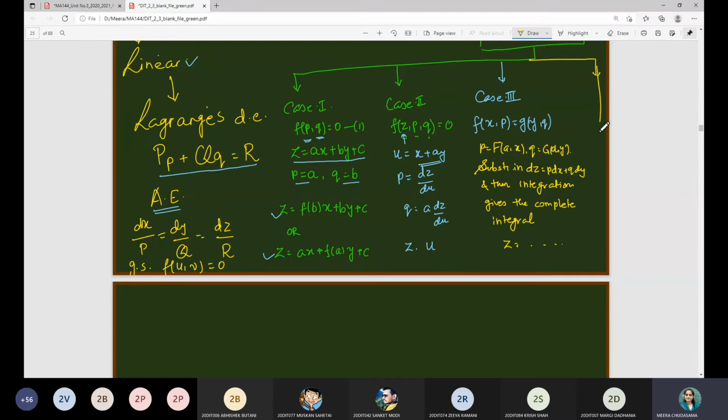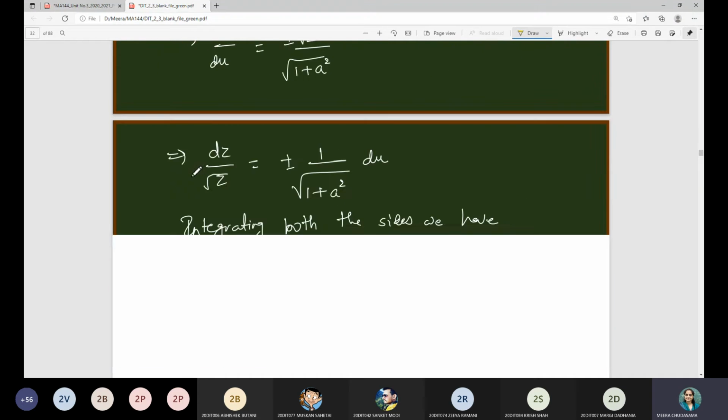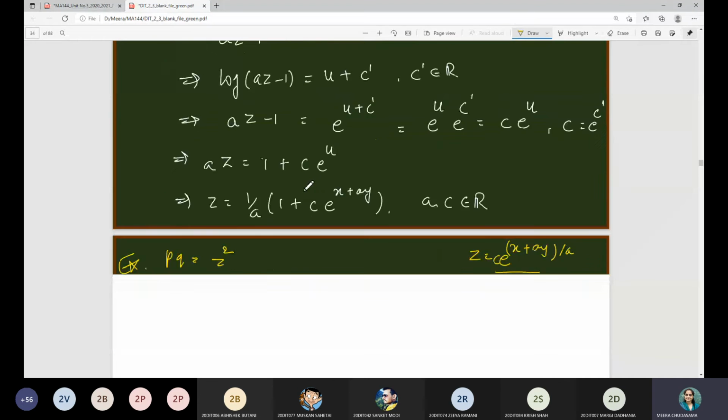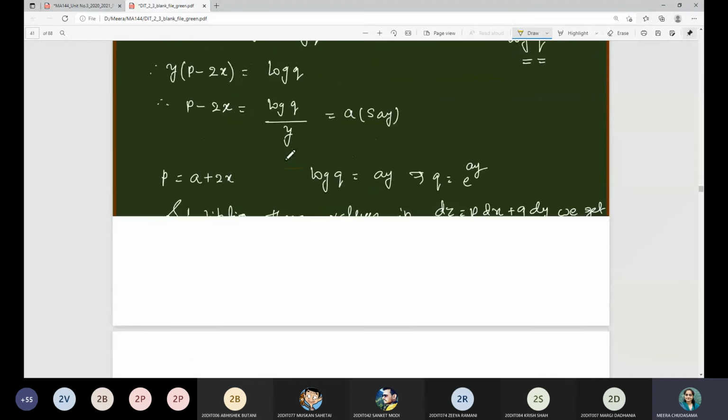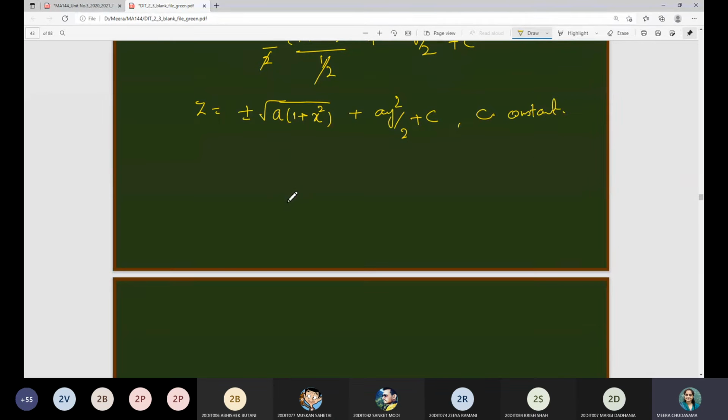Case 4, I will write it over here. Case 4 is very easy. That is called the Clairaut equation. Case 4 is nothing but the Clairaut equation. If you see, in case 1 we have involved only P and Q at a time.